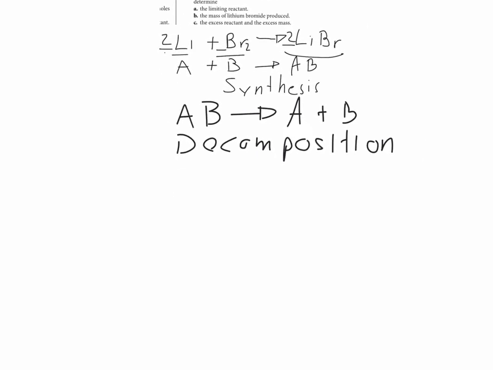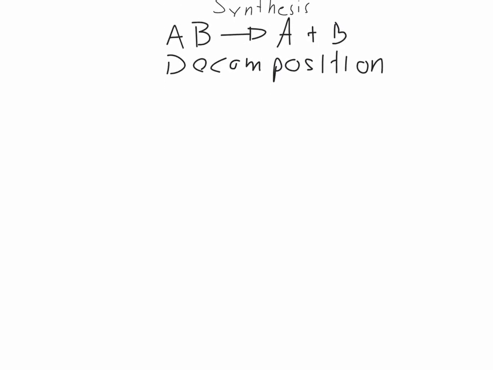There are more types of reactions here. There is another one in which you have A and B that reacts with C. C is a metal, A is another metal, and B is a non-metal.